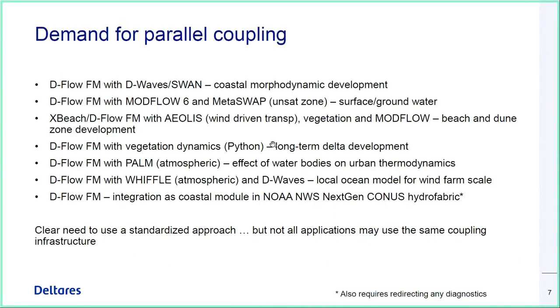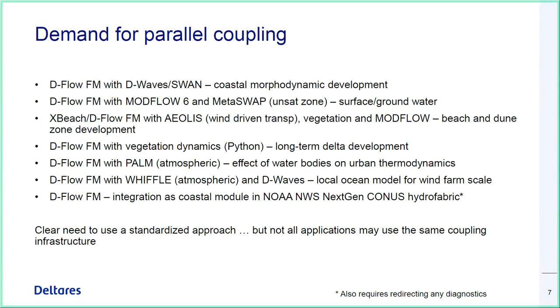And then, end of last year, I looked at the different applications and noticed that a lot of the groups want to start scaling to bigger machines, not just run on a single node. So we have the flow, morphology, waves for coastal development that want to run in parallel.